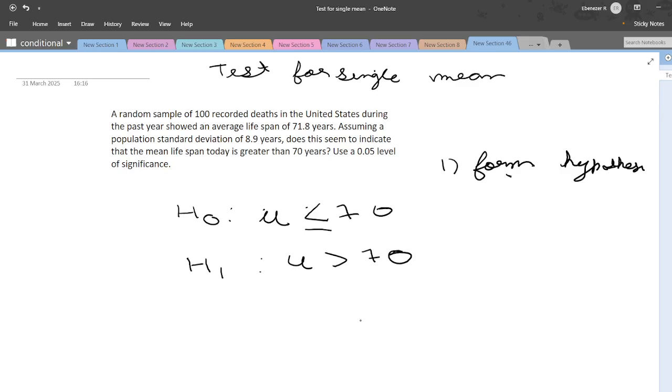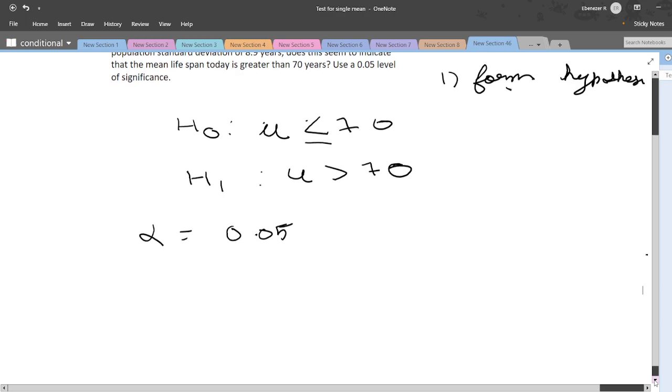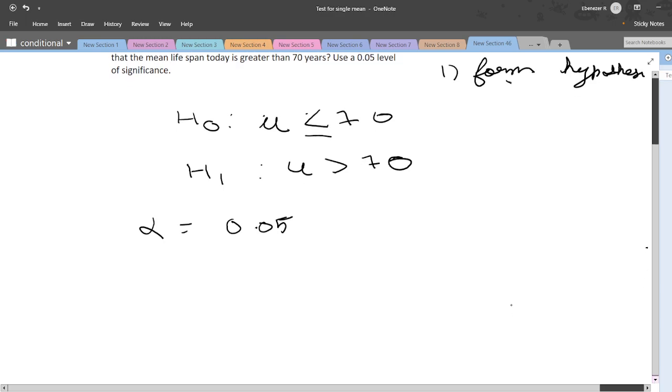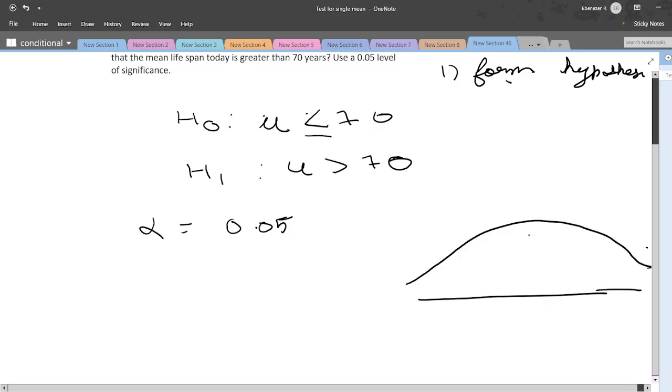Now the next step is to check your alpha. Alpha is given to us as the LOS, nothing but 0.05. Let me show you. Basically, this follows a normal distribution. The normal curve is like this, right? This is your mean.